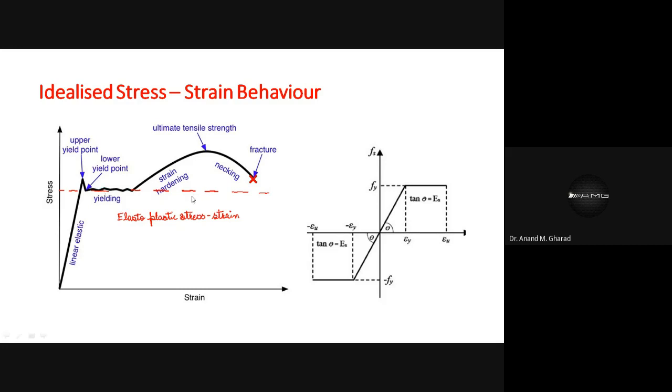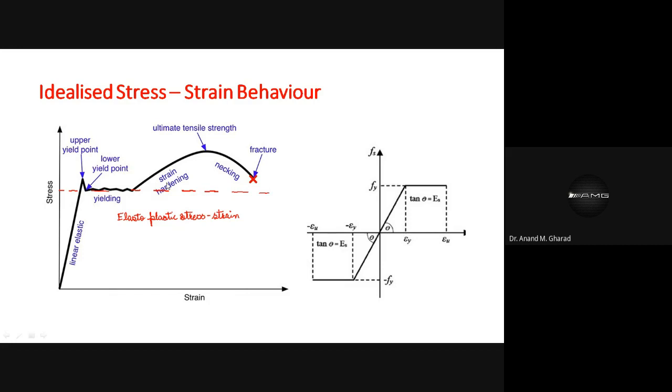Now, this idealization is considered to be the same in compression as well as in the tension zone. Actually, this is a tension figure because we have applied tension force. It is assumed, because steel is not that much stronger in compression, isn't it? So even if we perform a compression test, the stress strain curve obtained is of similar nature.